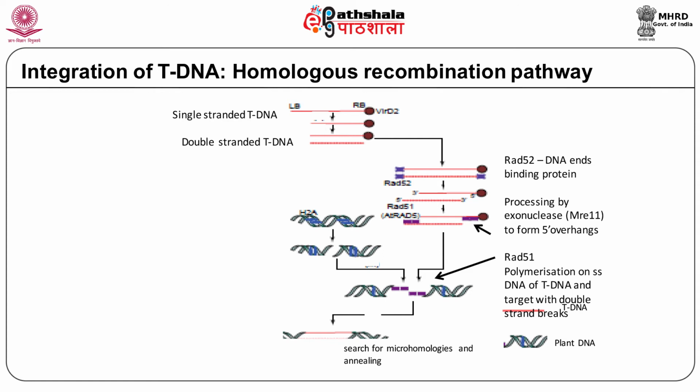RAD51 polymerizes on these overhangs. Similarly, in the plant genomic DNA, where double-stranded breaks occur, the homologous repair machinery is used to create 5' overhangs on which RAD51 polymerizes. RAD51 then mediates strand exchange by searching for microhomologies in the two DNA molecules. Finally, the tDNA ends are annealed to the plant genomic ends.